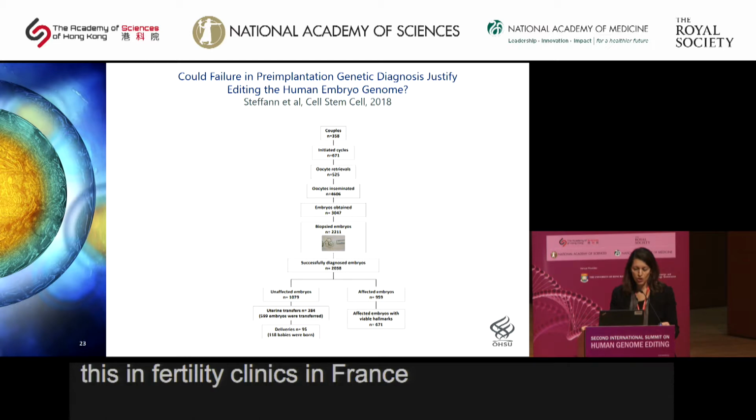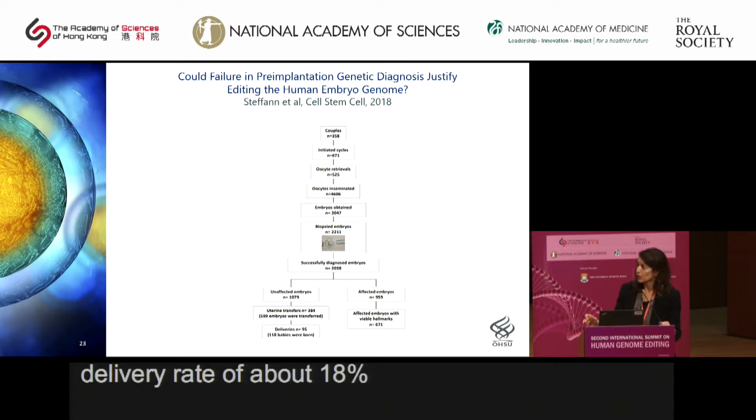Of those, just over 1,000 of them were unaffected. 600 were transferred, giving you a delivery rate of about 18%, so 95 deliveries from over 500 cycles. But interestingly, there's another 1,000 or so embryos there that are affected with the mutation, and at least 700 of those were otherwise morphologically normal.